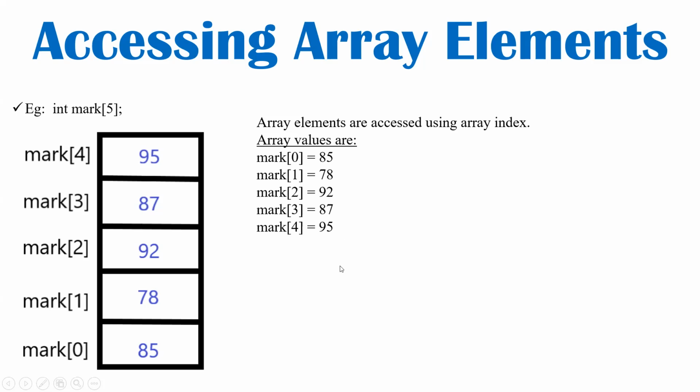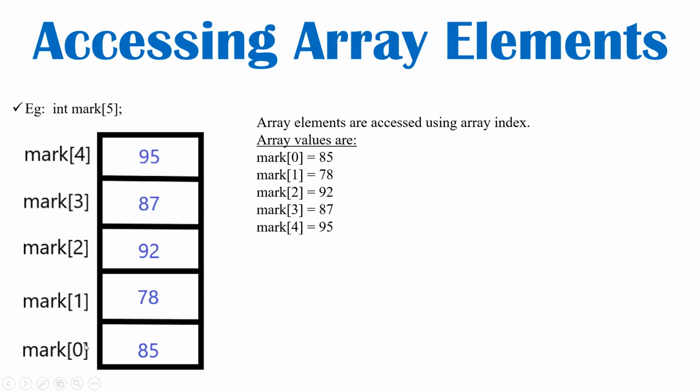Now we will see the memory address of each element. This is an integer array, and here I am assuming the integer takes 4 bytes. The starting address of the array, here I am taking, is 5000. The starting address of the array is the address of the first element. What is the first element in this array? Mark of 0 is the first element.